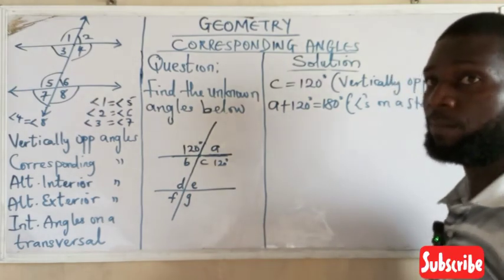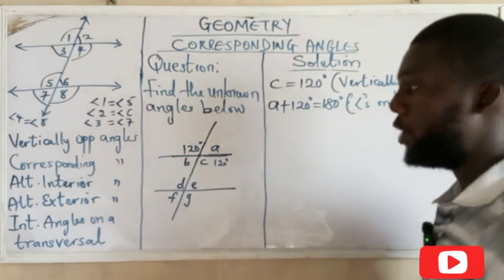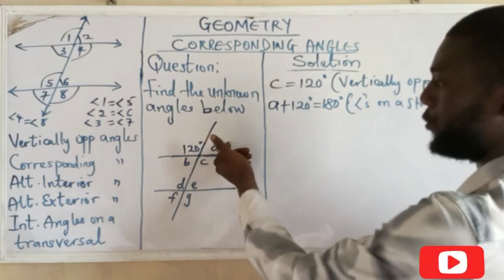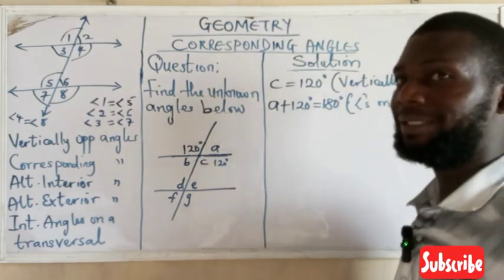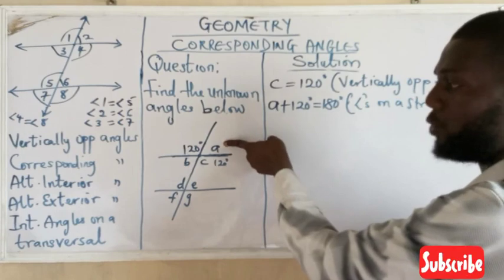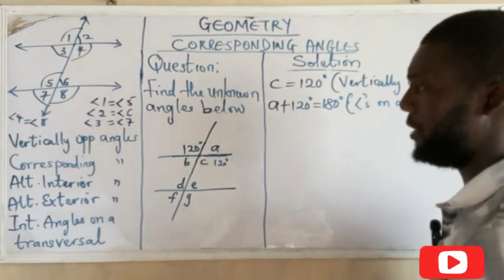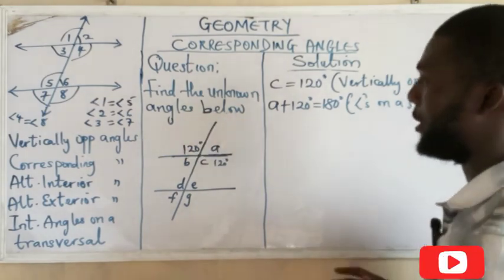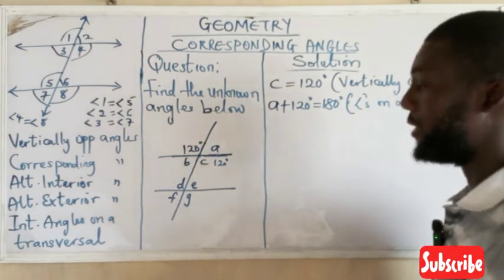I think that's best, because at times, not in all cases though, if you want to start by solving A, you may not easily start with A. You have to start with a letter that will make you end up solving the unknown, which is A. But in this case, I can start with letter C, and I can also start with letter A, whichever way it is. It doesn't really matter. What matters is that you get the right answers, the right angles in the right way.